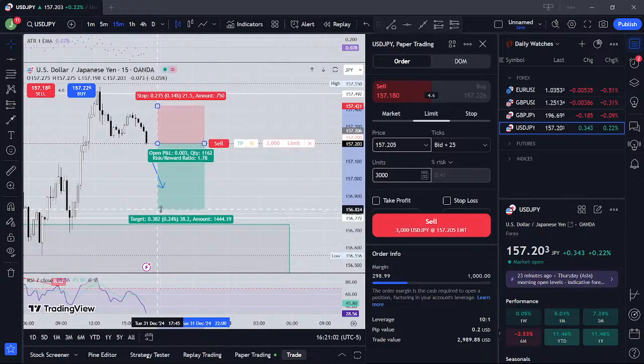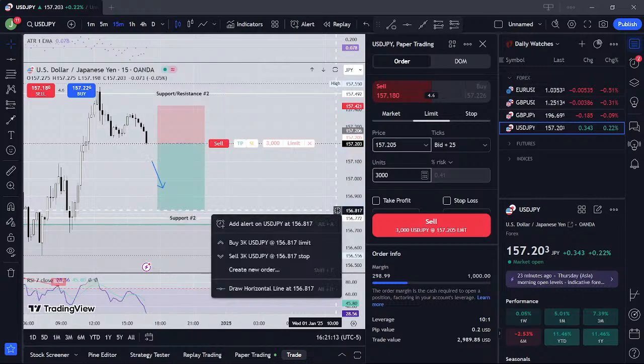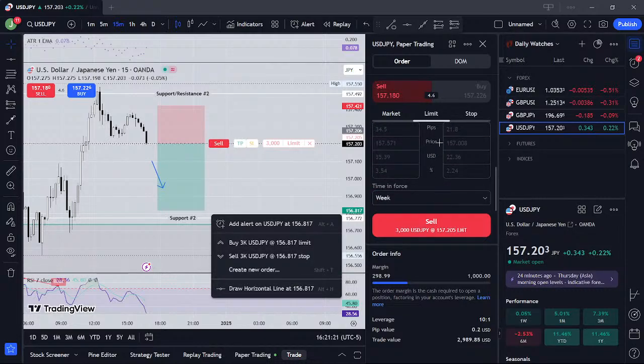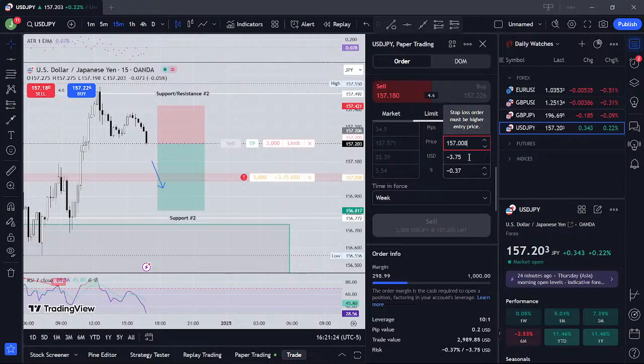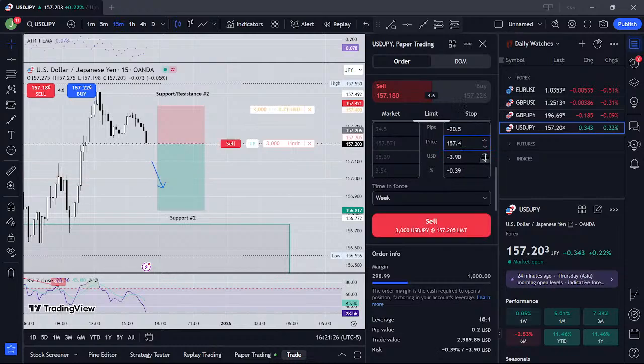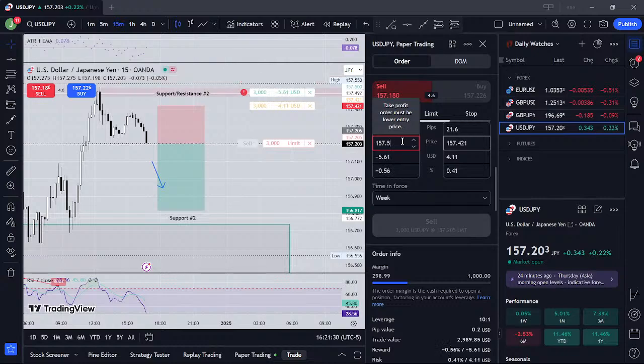Yeah, right on spot. I'm going to copy this. Stop loss 4 to 1. Take profit 8.17.